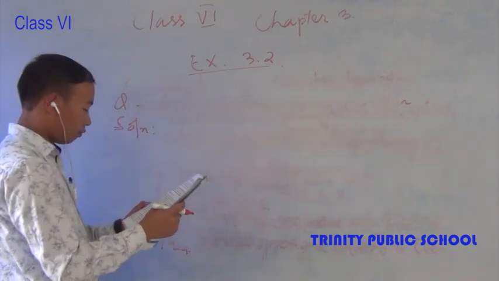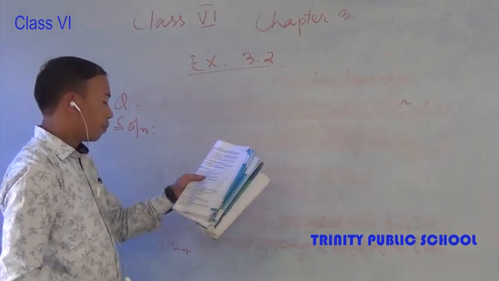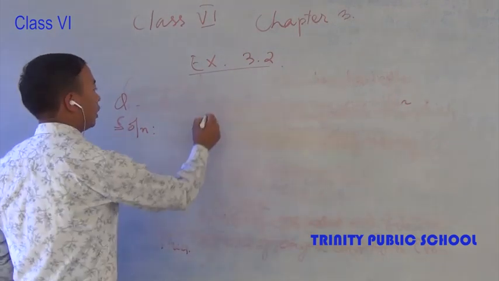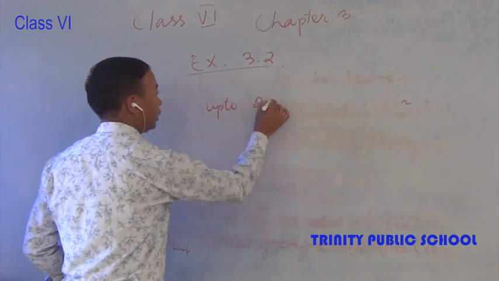See question number 4. Write down separately the prime numbers and composite numbers less than 20.